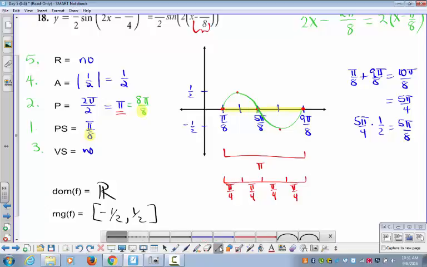So what do you think that point would be up there? It's going to be pi over 8 plus pi over 4, right? So 2 pi over 8 plus pi over... Oh, wait, I said that wrong. So we would have to do pi over 8 plus, instead of pi over 4, let's make it 2 pi over 8. So it would be 3 pi over 8 right there. So that one would be 3 pi over 8.